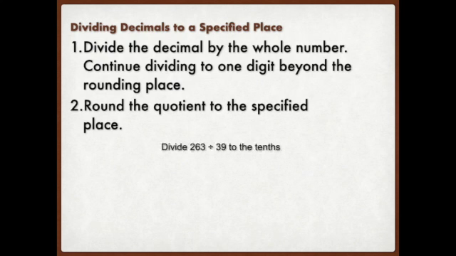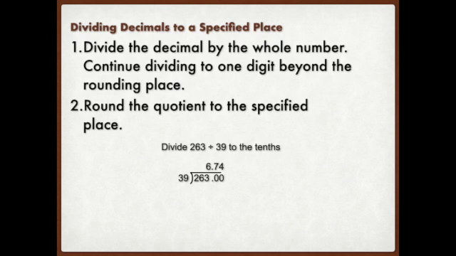Okay, it's asking you to round to the tenths place. So 39 into 263. You're going to go ahead and divide. And I'm going to do 6 times 39, 7 times 39, 4 times 39. Now, remember, before I did the division, I'm going to bring that decimal place up straight above the dividend, and I'm going to stop at the hundredths place because I want to round to the tenths, which is the 7.